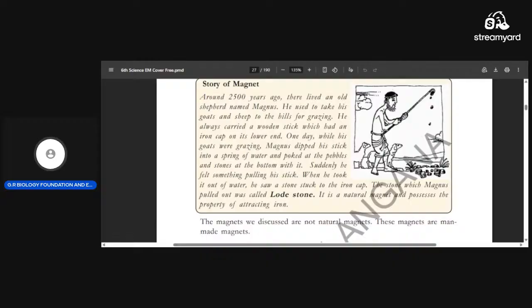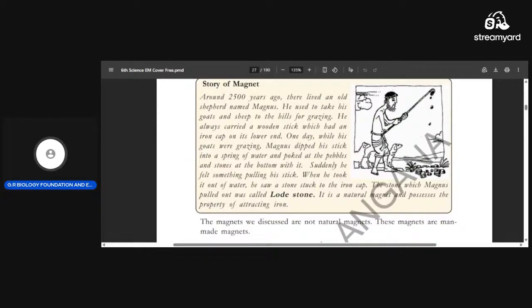One day while his goats were grazing, Magnus dipped his stick into a spring of water and poked at the pebbles and stones at the bottom with it.